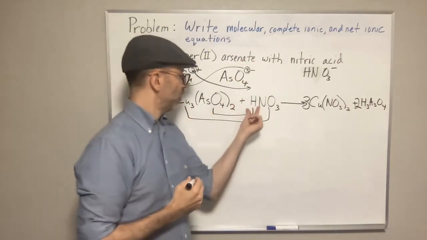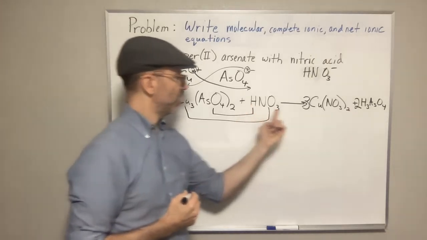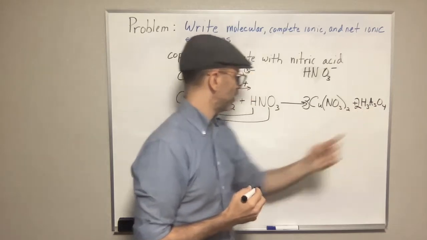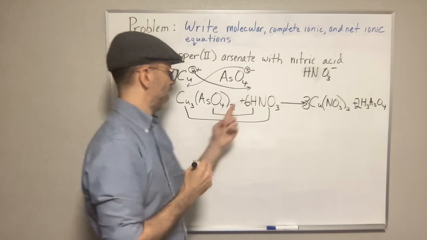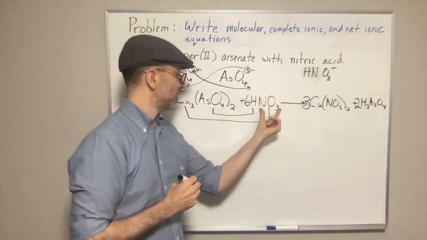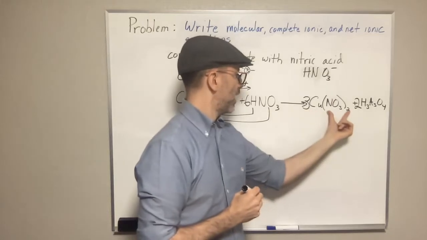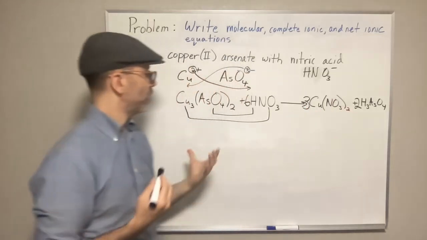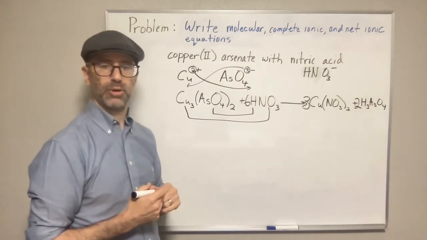So let's go to the hydrogen. I only have 1 hydrogen here, but now you'll notice I have 6 hydrogens here. So I'm going to have to put a 6 here. And now I have 6 NO3s, and here I have 3 times 2 gives me 6 NO3s. So that's balanced. It looks like everything is balanced now. So now we have our balanced equation.